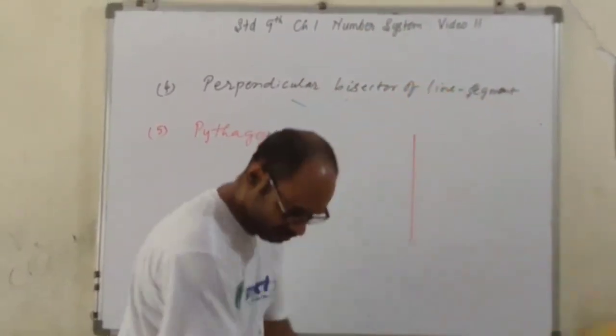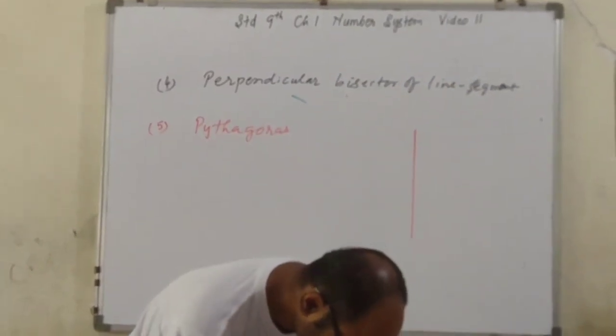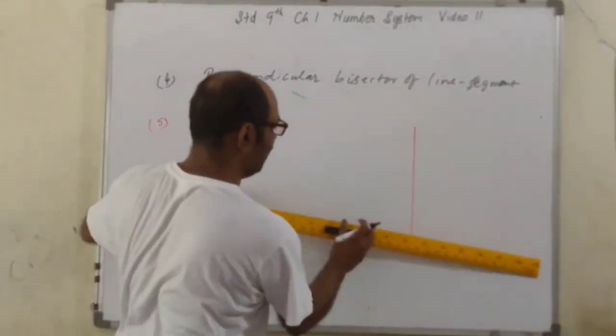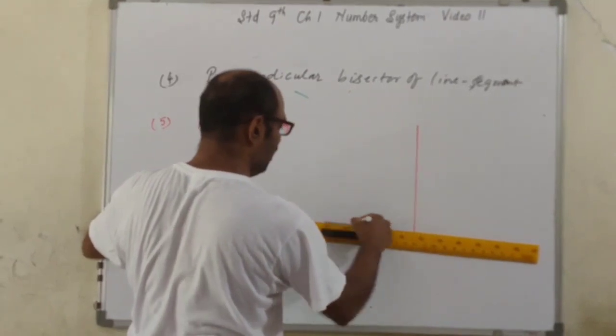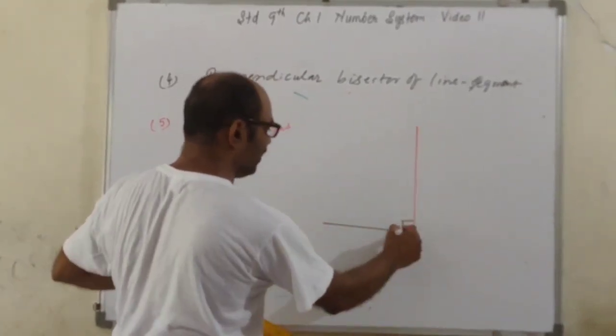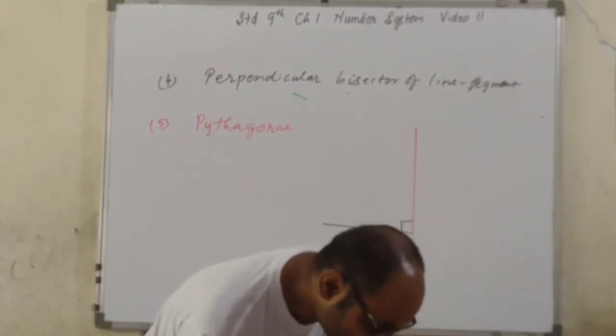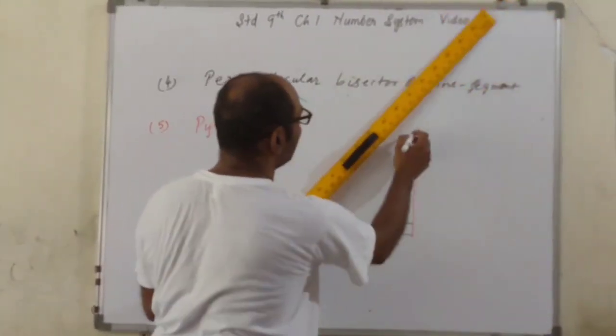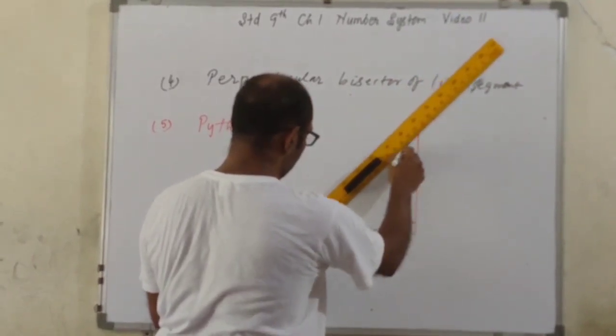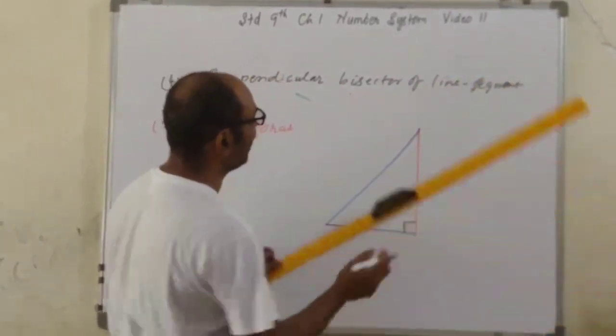This is one side. This is the other side. This is a right angle. And this is the third side.